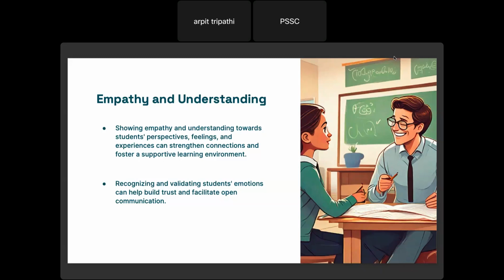Another thing which can develop understanding is supporting social and emotional well-being. Empathy and understanding can help with students' feelings and experiences.